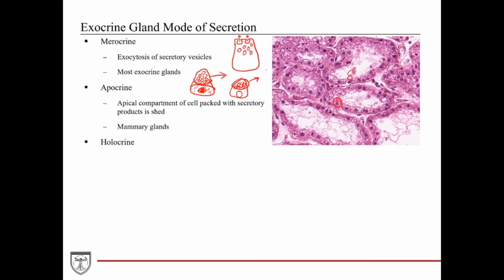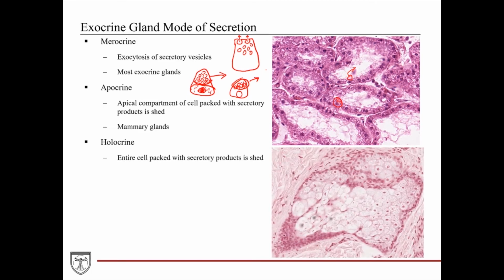And lastly, we have the holocrine mode of secretion. And this is when the entire cell gets packed with the products, and then the entire cell is then shed into the lumen. So we've seen this before. This is the sebaceous gland acinus, comprised of these cuboidal cells.